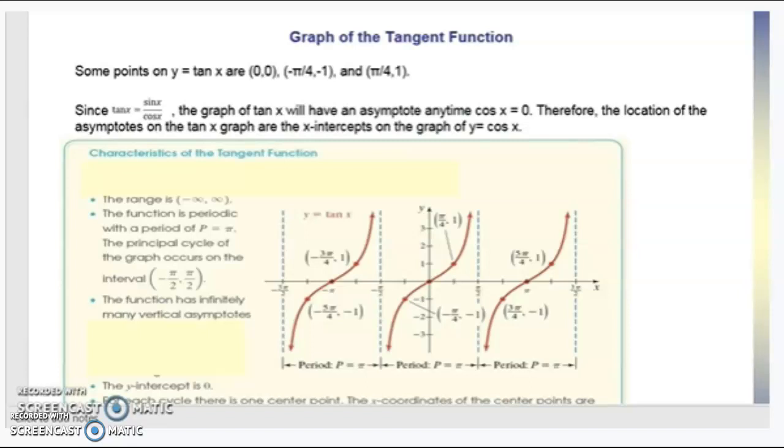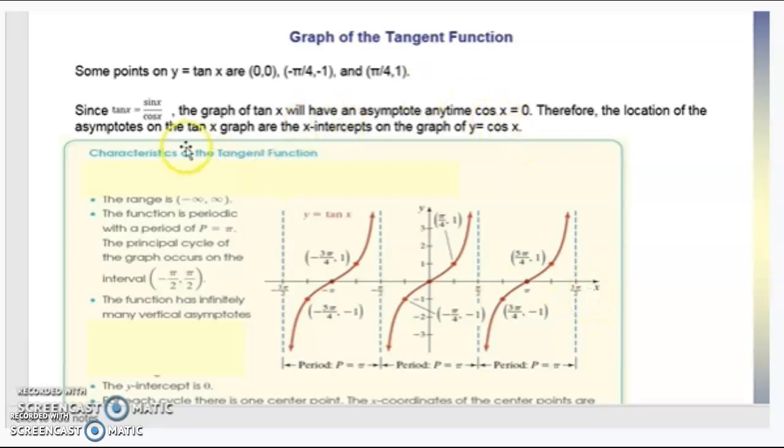The graph of the tangent function has a period of pi. So this function is repeated each time you travel a distance of pi along the x-axis.